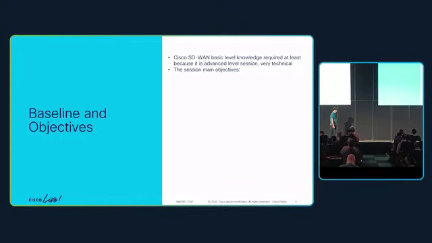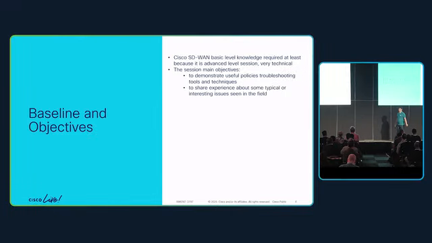The session's main objectives, first of all, are to demonstrate useful troubleshooting techniques and tools, especially new tools if you are not familiar with them. The second part of the session will be also to share the experience and interesting or strange cases which we've seen in the field, so you can avoid similar problems in your production networks.